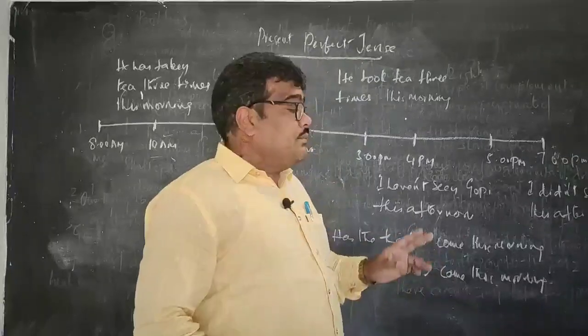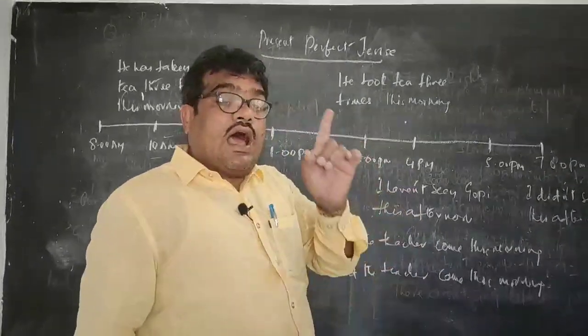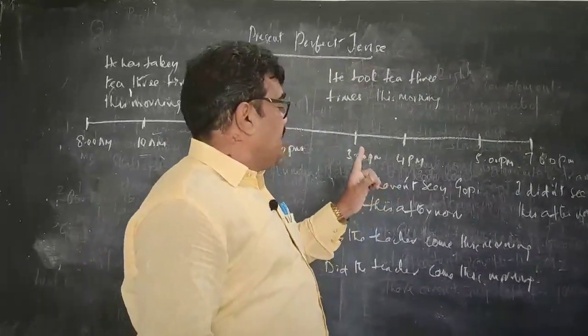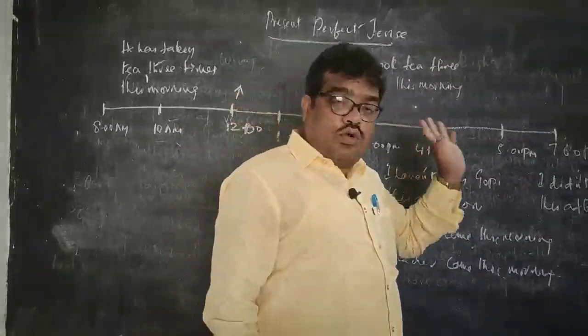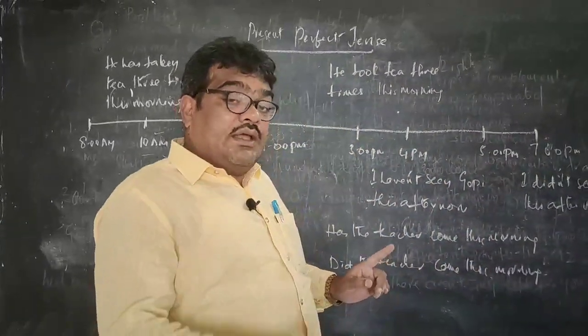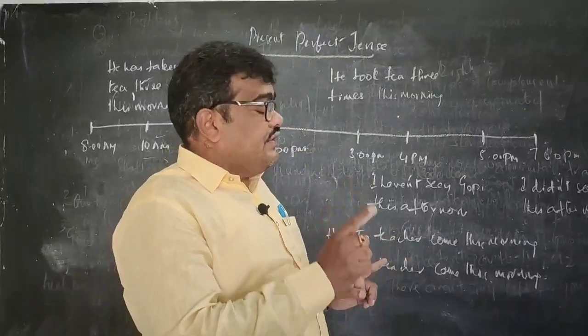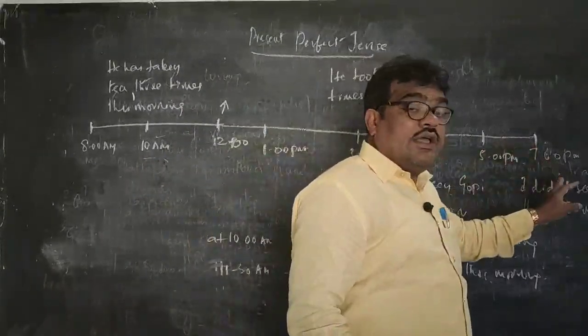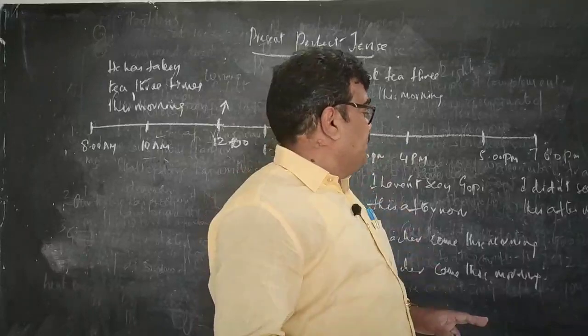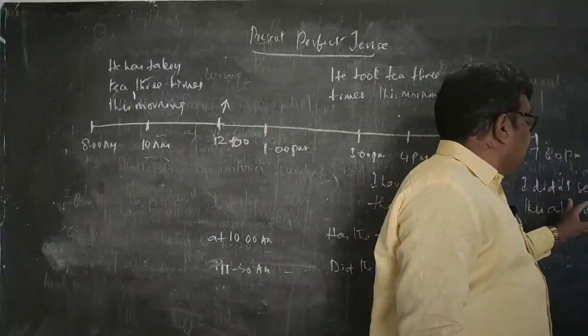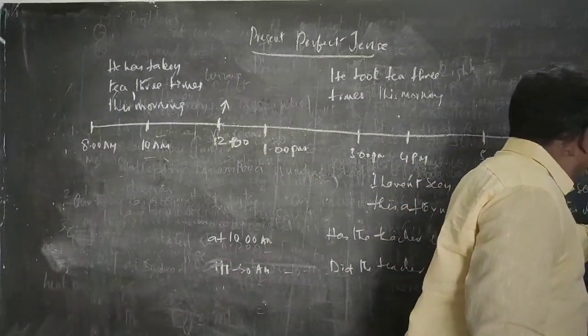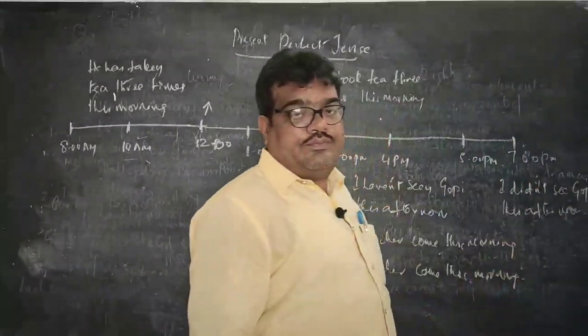I am using present perfect because I am talking in the same time frame between 1 and 4. That is afternoon time. The same situation, if it is talked about at 7 o'clock, we have to use simple past tense. I didn't see Gopi this afternoon.